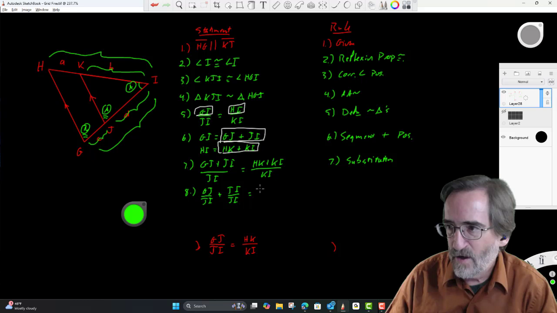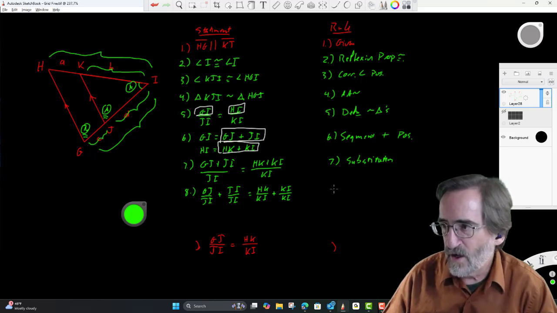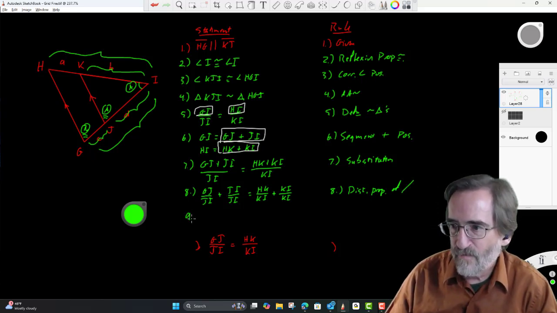And HK over KI equals HK over KI plus KI over KI. Okay, so 8, that's the distributive property of division.